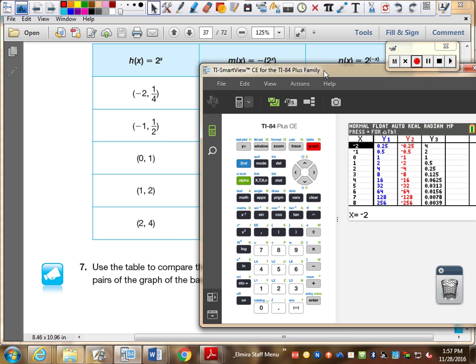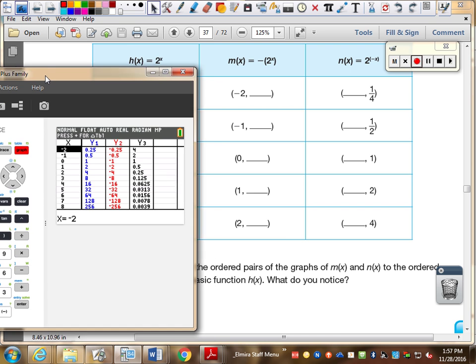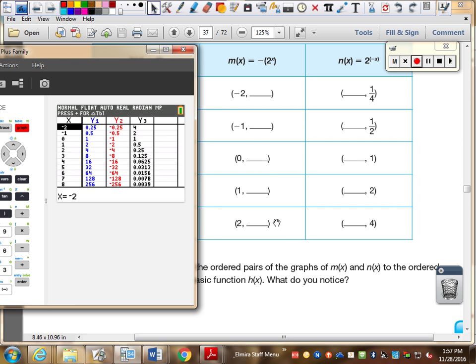You'll notice that the table is already done and written in coordinate form for y1, for h of x. What we're going to do now is fill in the blanks on this chart. The point is we want to see what changes as far as x's and y's so that we can figure out coordinate notation.